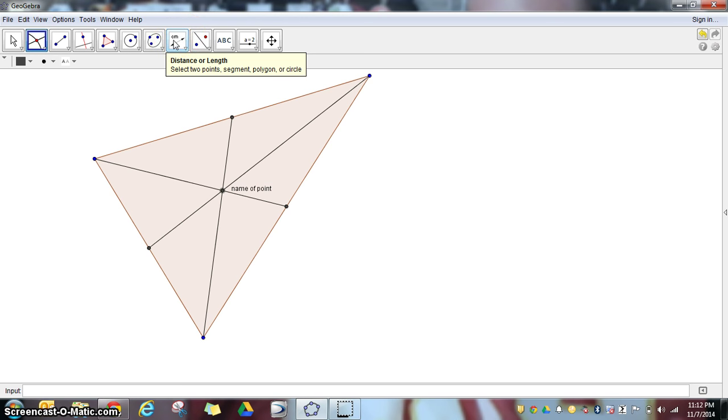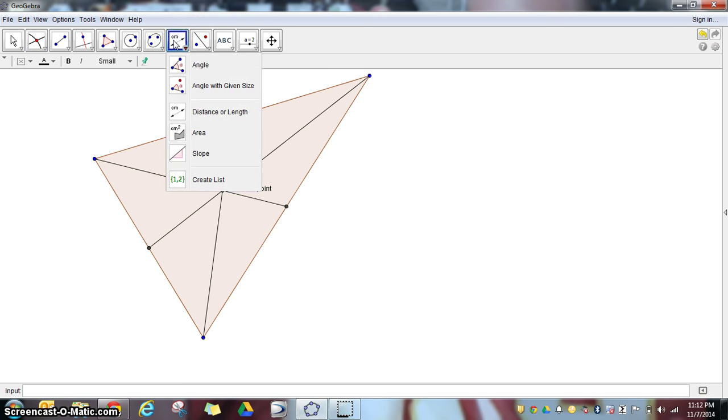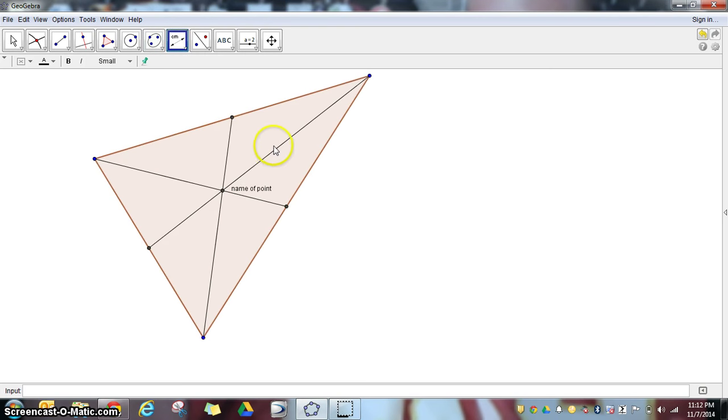So I want you to click on the line segment measure, which is distance or length. So you're going to go to the measuring tool, click distance or length. Now I want to measure this line segment from this point of concurrency to that vertex. So we're going to click the point of concurrency first, then click the vertex, and the measure of that line segment should show up right there.